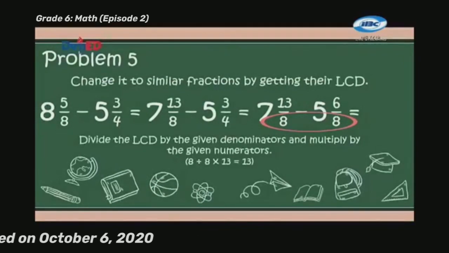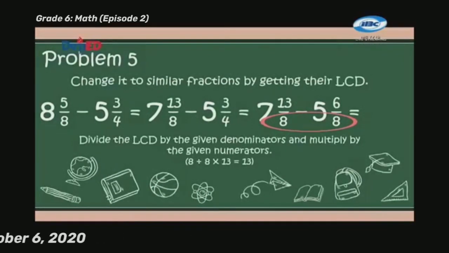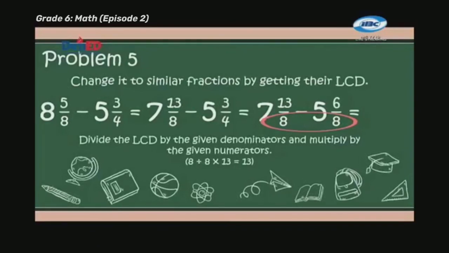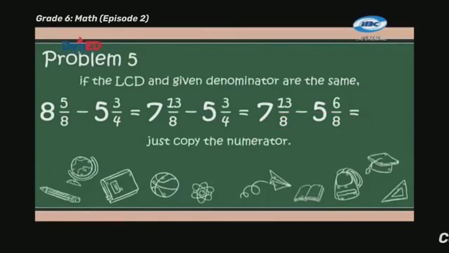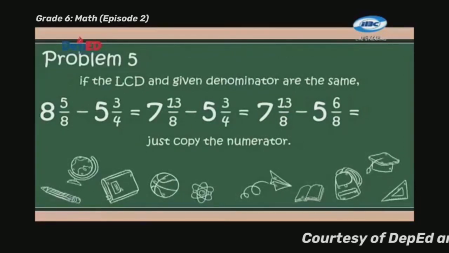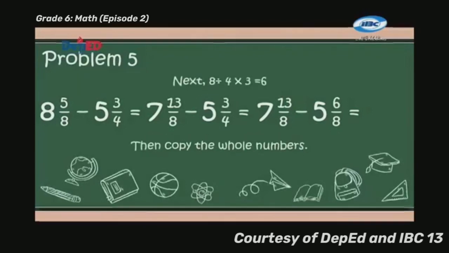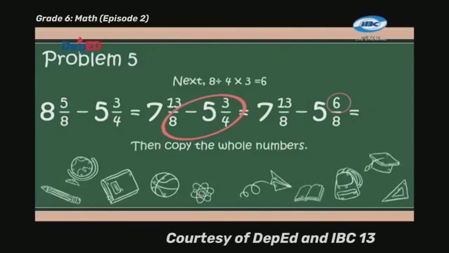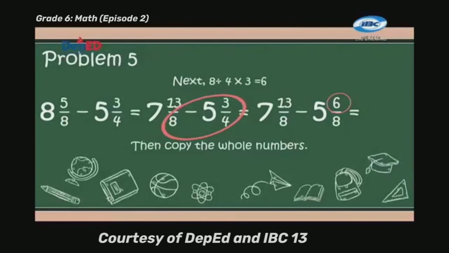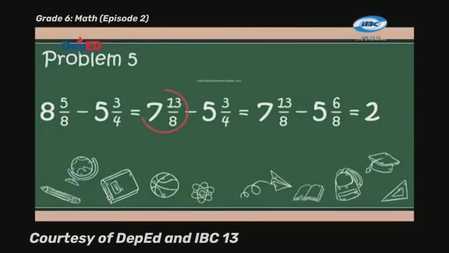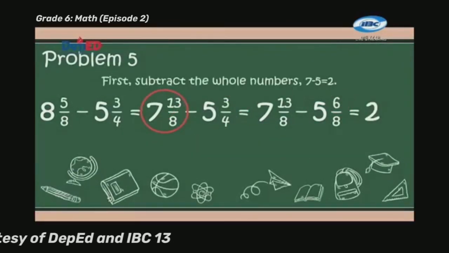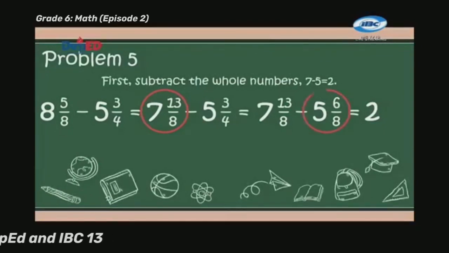Divide the LCD by the given denominators and multiply by the given numerators. 8 divided by 8 times 13 equals 13. Next time, if the LCD and given denominator are the same, just copy the numerator. Next, 8 divided by 4 times 3 equals 6. Copy the whole numbers. So we have 7 and 13/8 minus 5 and 6/8.